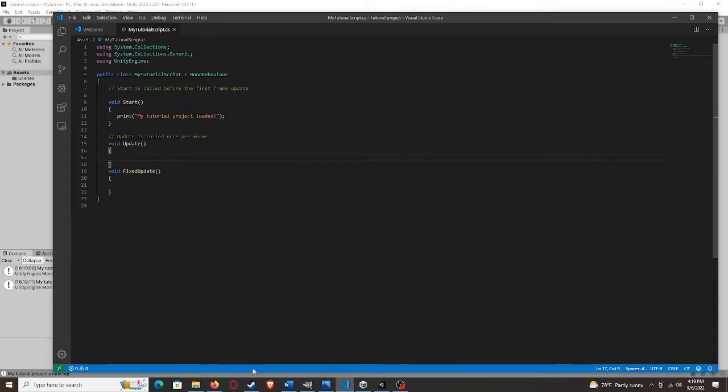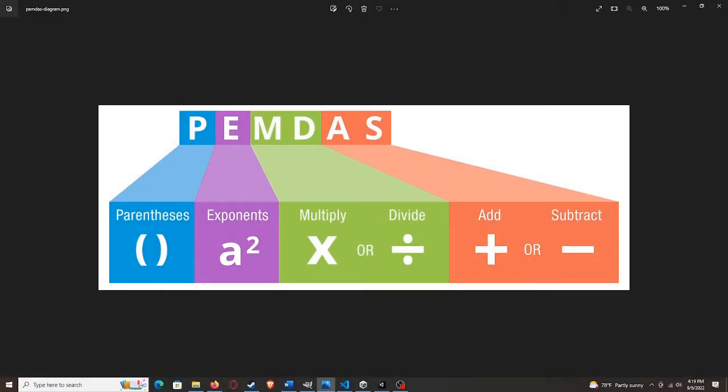So when it comes to math, something you want to remember is PEMDAS, however you want to pronounce it. It stands for the order that math is calculated. It's not just left to right, it's what order it goes in.